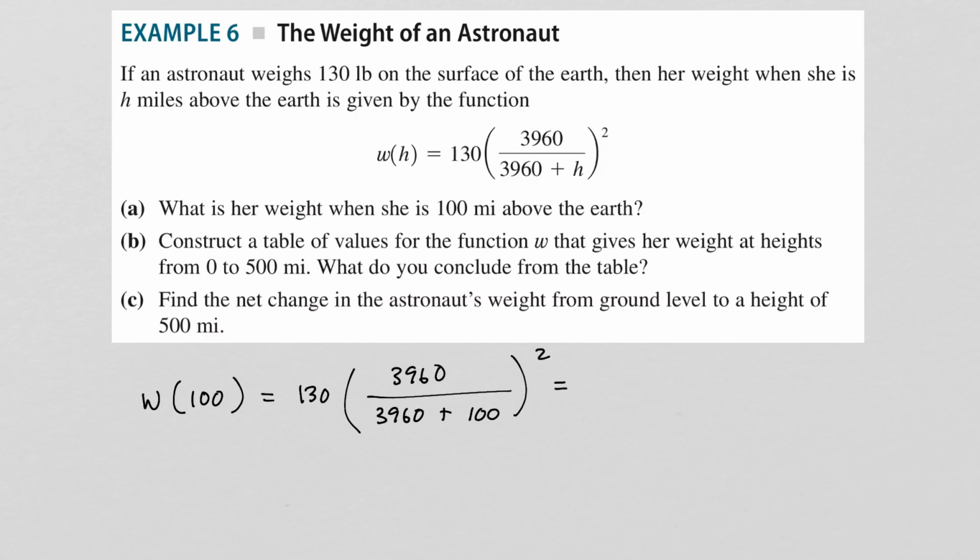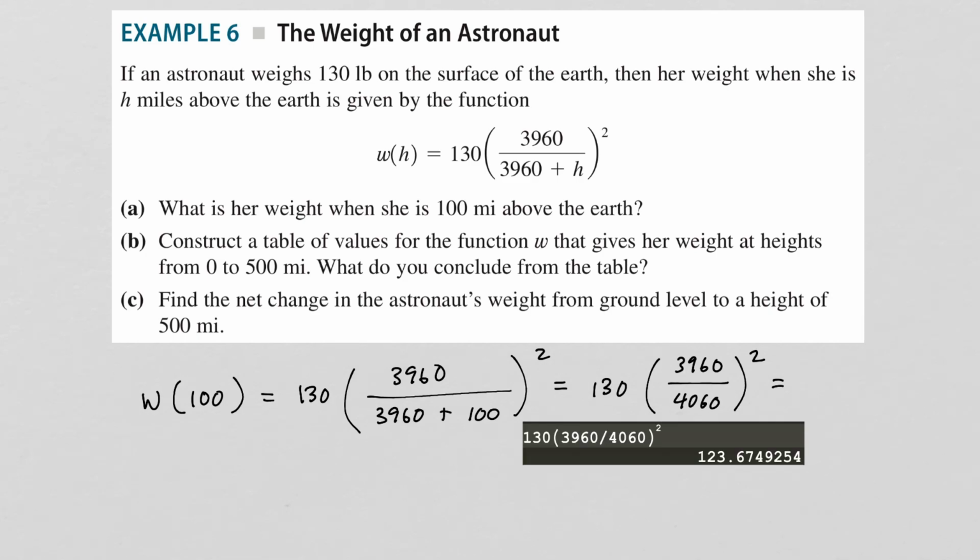Now I could do a little bit of this without a calculator. We have 130 times 3960 divided by 3960 plus 100, which is 4060, quantity squared. Now from here, let's go ahead and plug this into a calculator to get our answer.